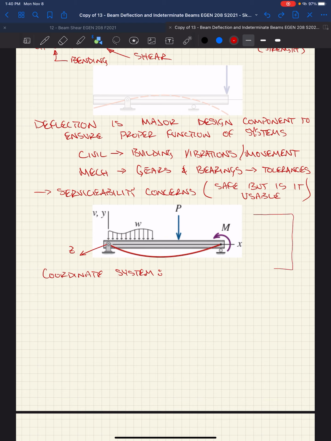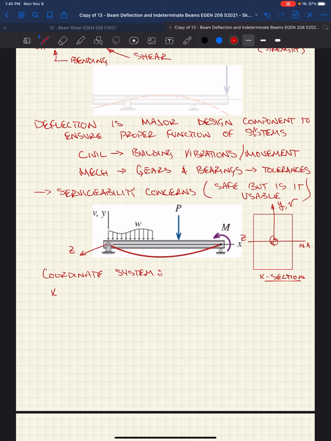Getting a little loose with my drawing. Right, remember we called this our neutral axis, which in this case would be this Z-axis if we were looking at a section. This would be our Y coordinate, vertical. Right, now it would be our centroid of our cross-section. Right, cross-section here, so this makes sense.